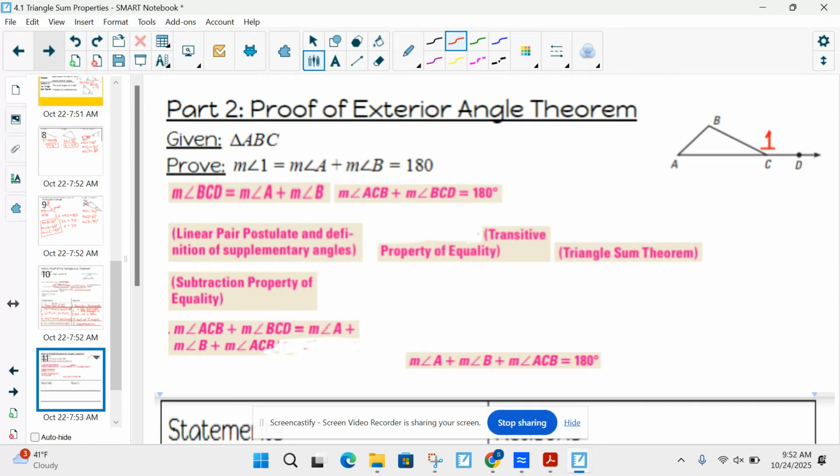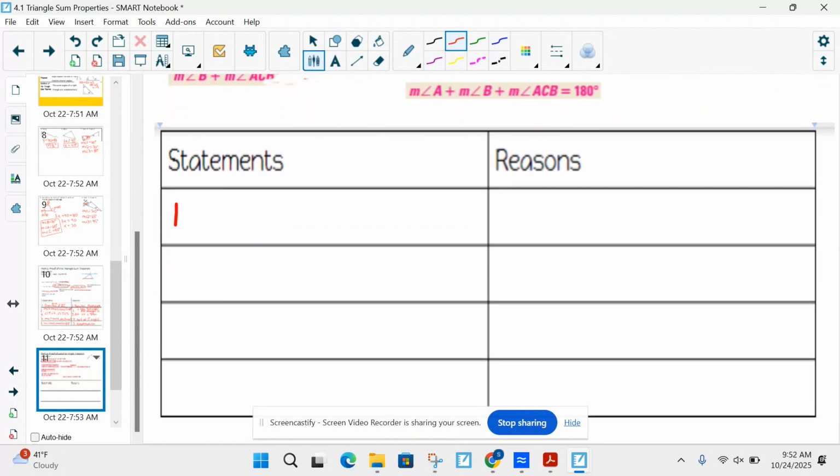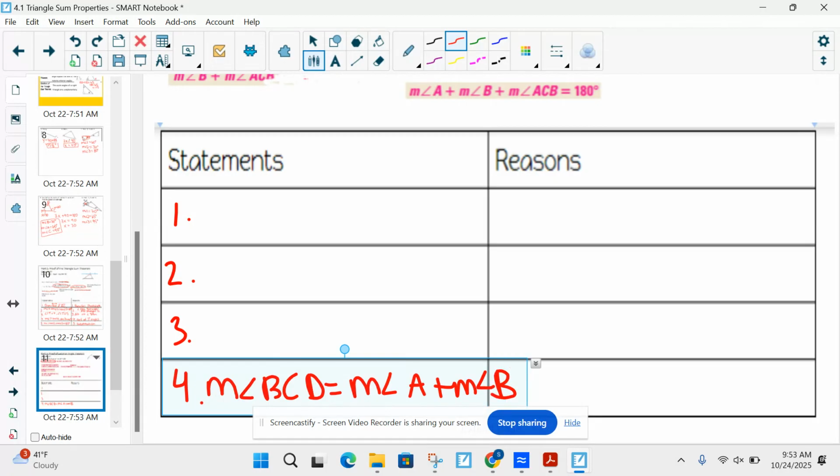So let's write what we're trying to prove, which is the measure of angle 1, which is BCD, equals the measure of angle A plus the measure of angle B. It's this one here at the top that we're trying to prove.